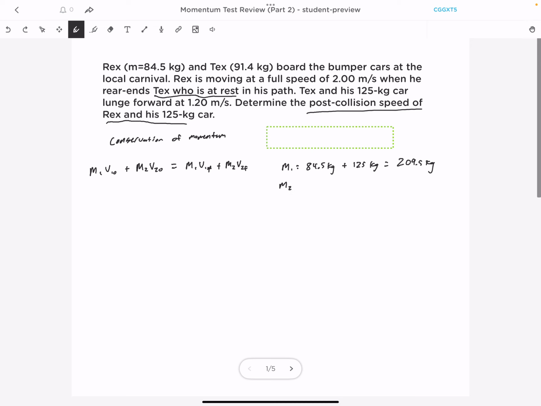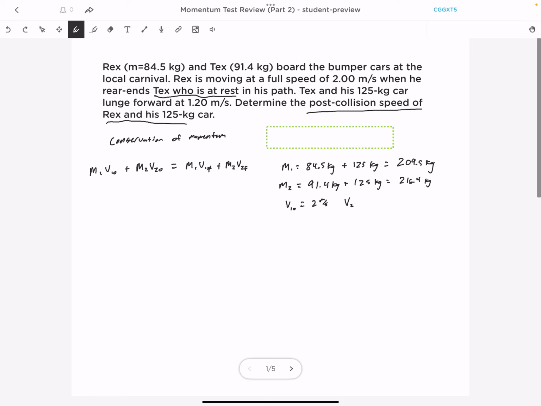And then m2 is going to be Tex, who's slightly more massive, but is still riding in the same 125 kilogram cart. And that comes out to 216.4. We know that the initial velocity of Rex is going to be 2 meters per second.